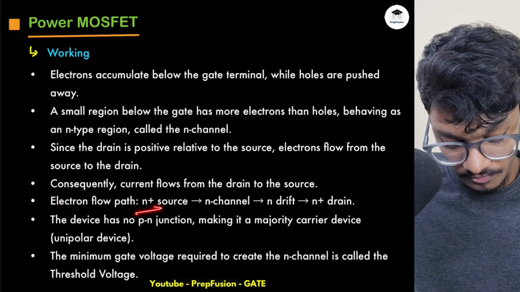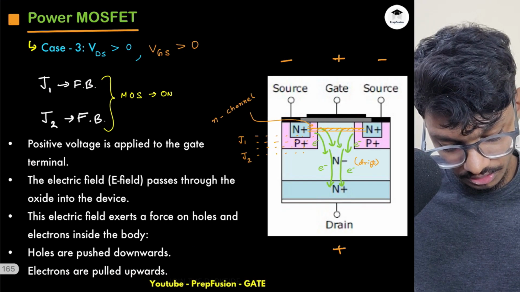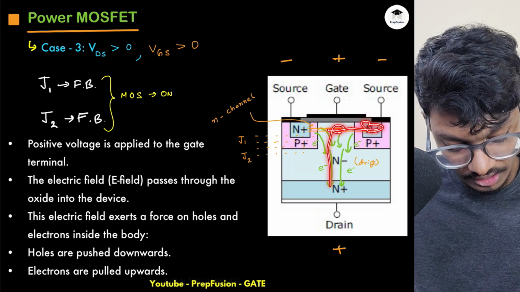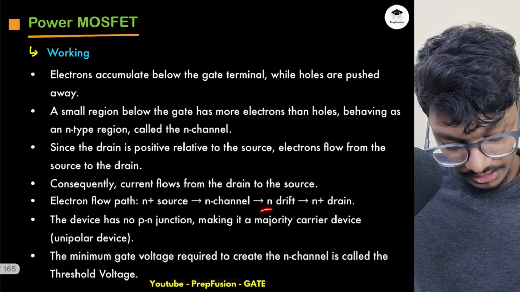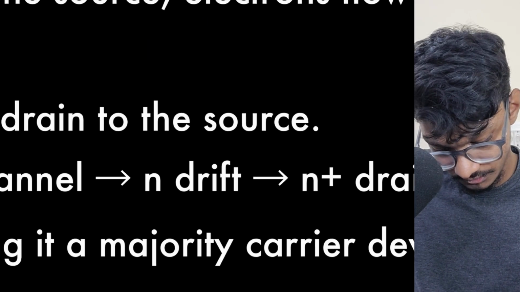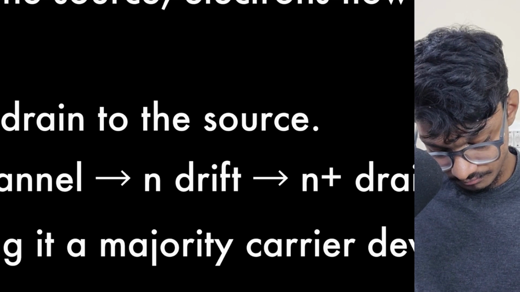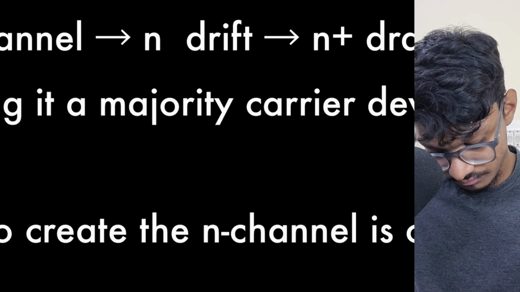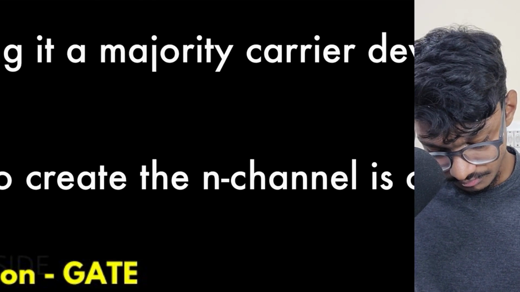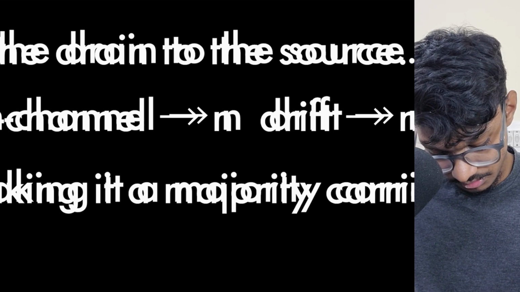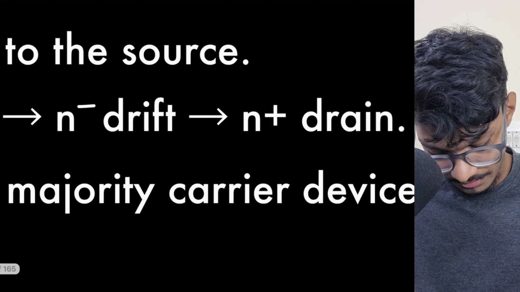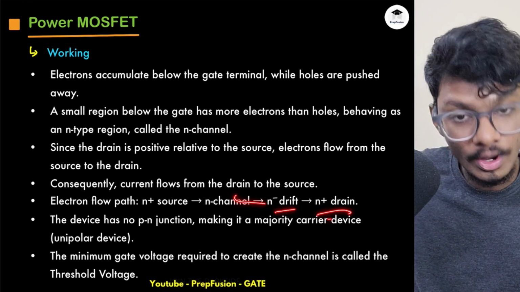The electron flow path is from the n plus source to the n channel. From this the electrons go to this channel, then they come to this drift layer, and then to this drain. This is n minus drift, to n plus drain.